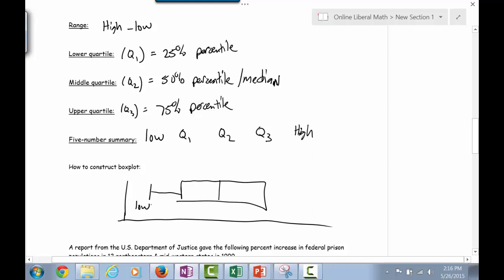So this would be the low, that would be Q1, that would be Q2, and that would be Q3. And then the high, we label the top piece on. So when we're constructing a box plot, we find the five-number summary, and then we draw a picture based around the numbers that show up for each of the summaries.